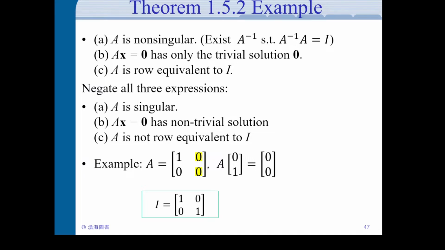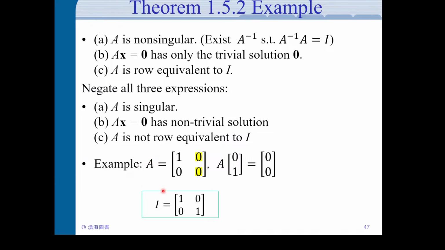This is our statement, and we also have that if these three are all equivalent, then the negations of all three are equivalent. So A is singular, Ax equals 0 has a non-trivial solution, and A is not row equivalent to identity. And here we have an example of A being singular.